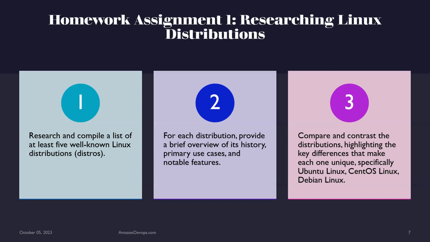You also need to compare and contrast the distributions because they are not the same. Highlight the key differences that make each of those distros unique from each other. Specifically, your focus should be on Ubuntu Linux, CentOS Linux, Debian Linux, and of course, Amazon Linux.